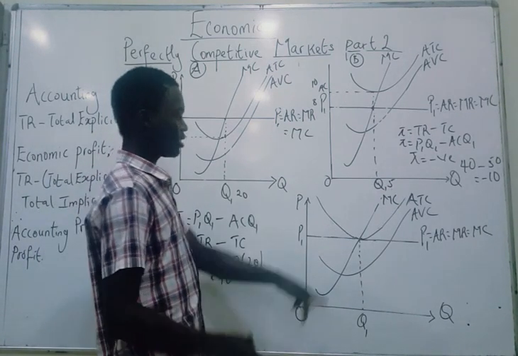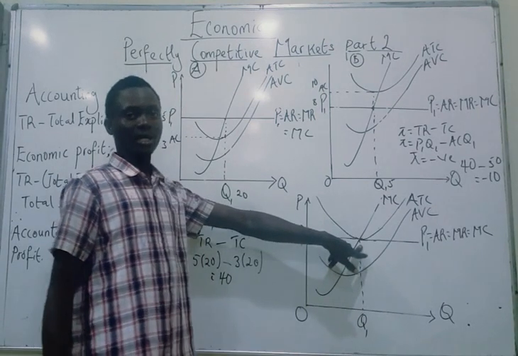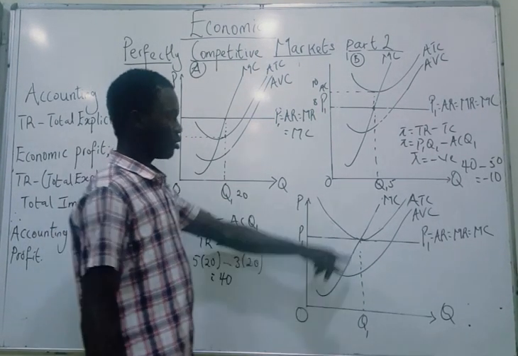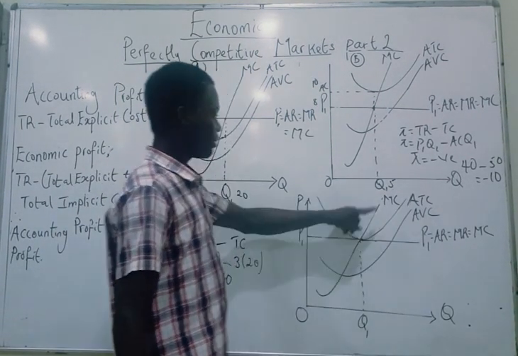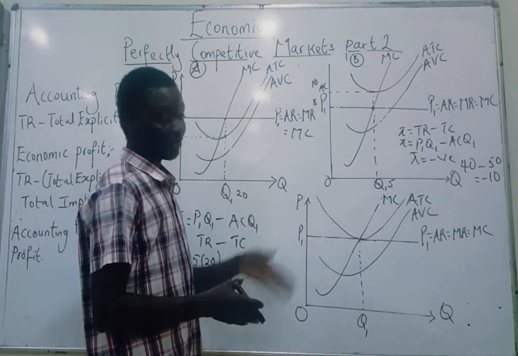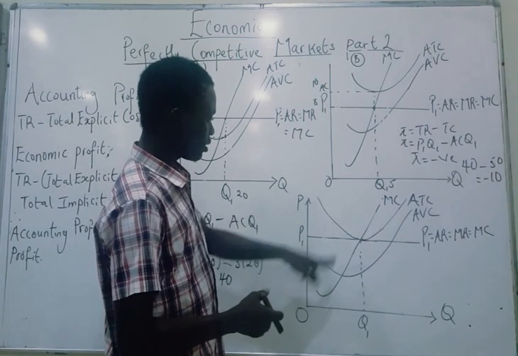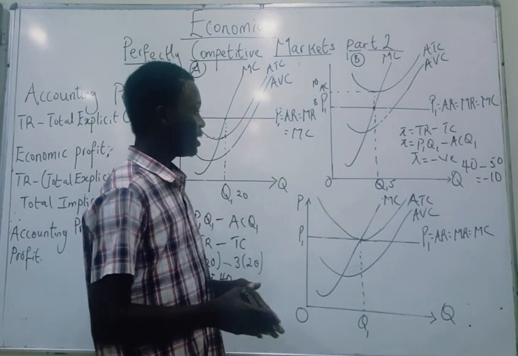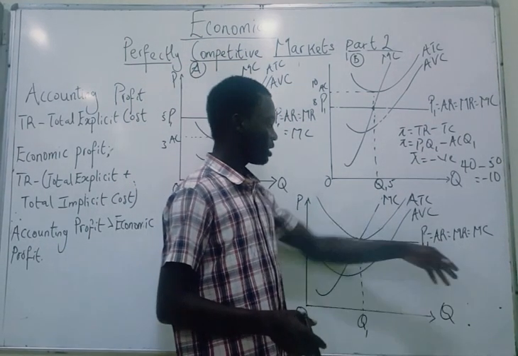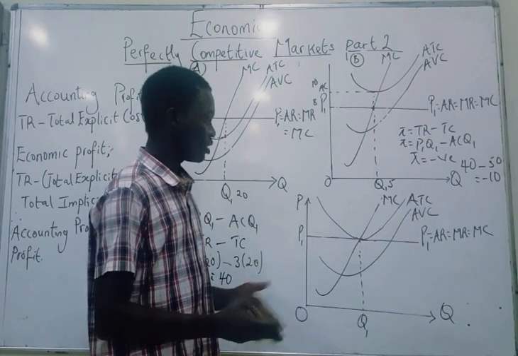We also observe that this particular point also represents where the average total cost is. So the marginal cost curve is meeting the marginal revenue curve, as well as the average total cost curve, at the same point.